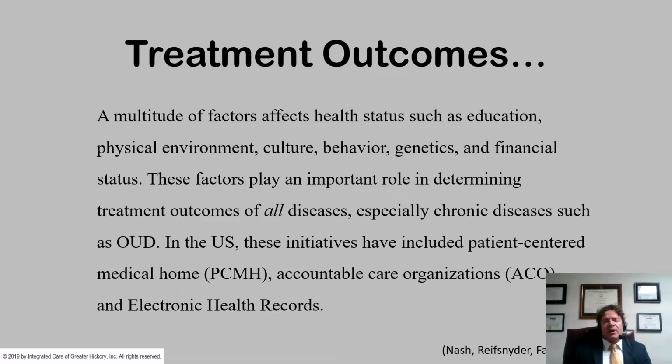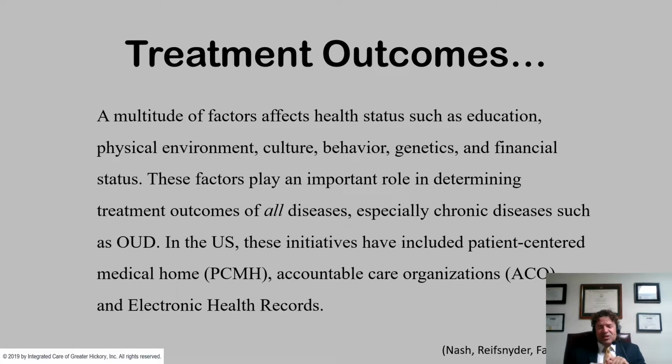Treatment outcomes. A multitude of factors affect health status. And we know this: education, the physical environment, culture, behavior, genetics, finances. There are so many inputs to determining our health status. Similarly, when creating treatment plans, we have to look at all of those inputs so that we can get the treatment outcomes that we need.